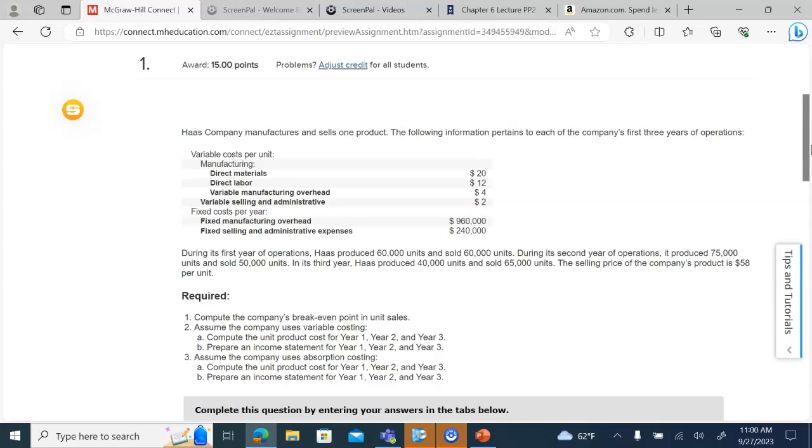So we see the direct materials, direct labor, variable manufacturing overhead, variable selling, and then the fixed. During its first year of operations, Haas produced 60,000 units and sold 60,000 units.